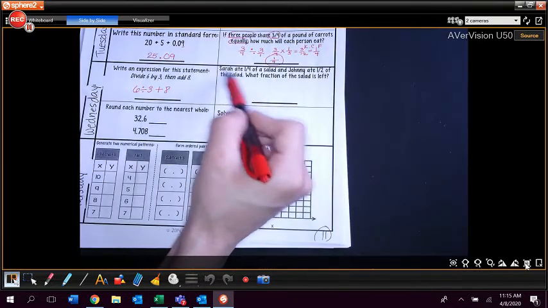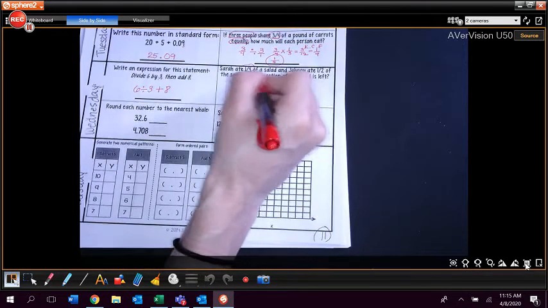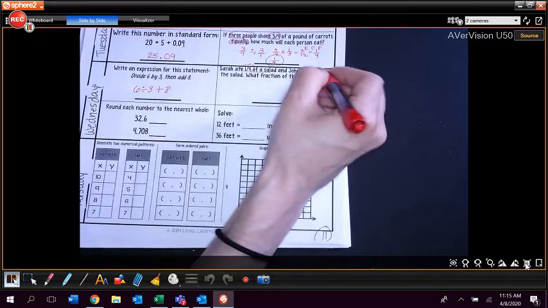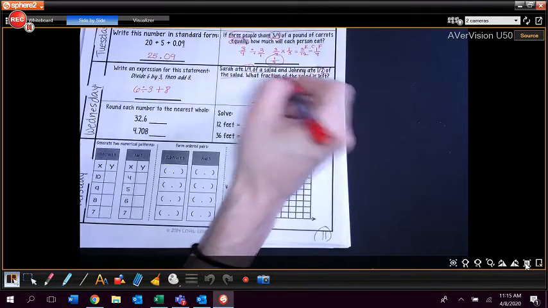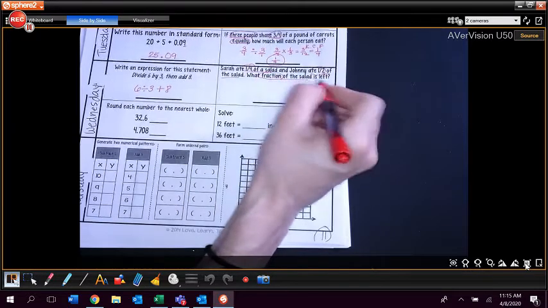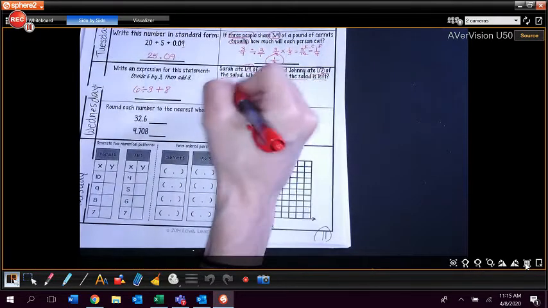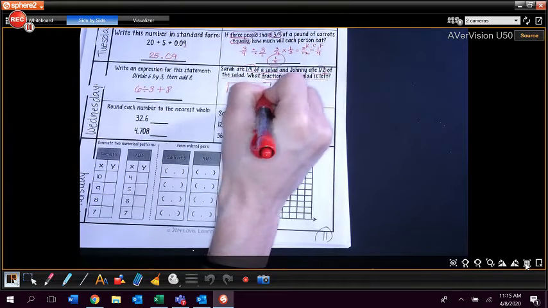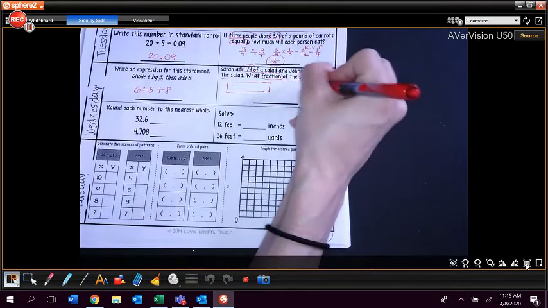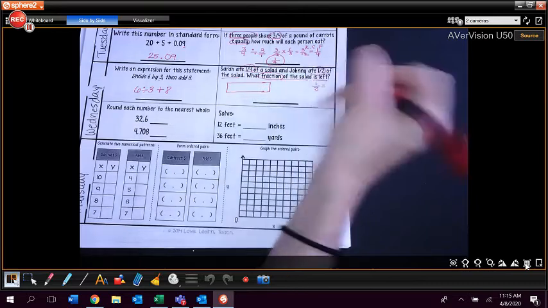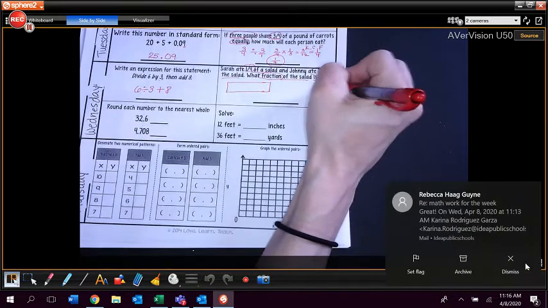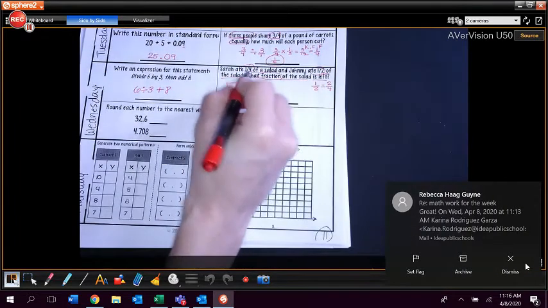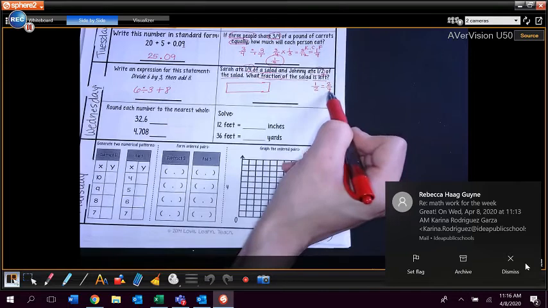Here, Sarah ate 1/4 of a salad and Johnny ate half of the salad. What fraction of the salad is left? So for this one, I'm actually going to do a drawing. And we know that half is the same as 2/4. And this is already fourths. So we're going to use the same denominator.